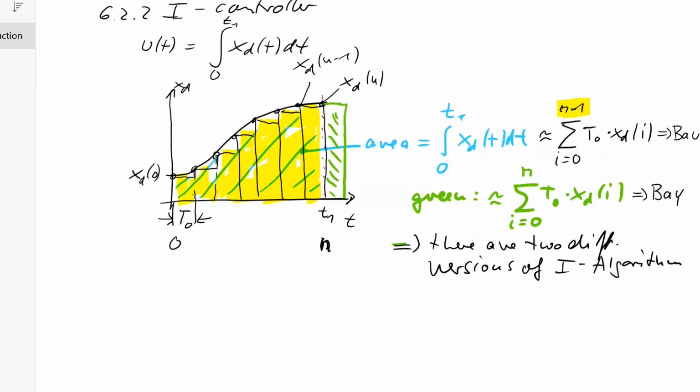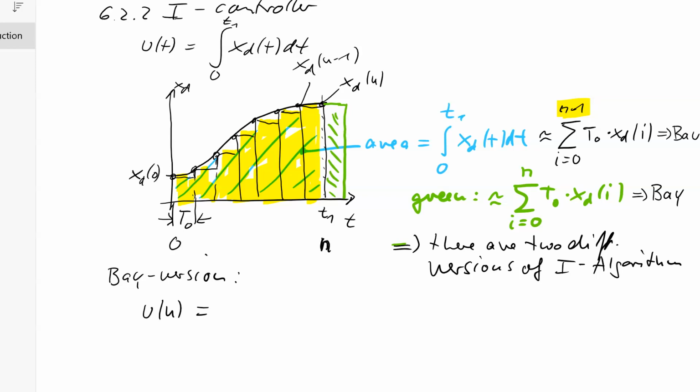What happens now with the replacement of the integration by this sum? Can we use this as a programmable algorithm? So what we can write down is u of n finally, the PI version.